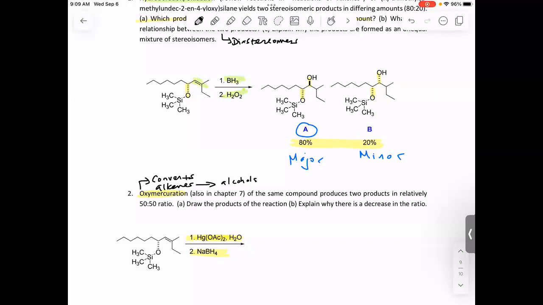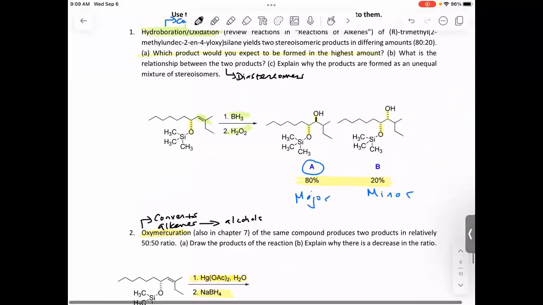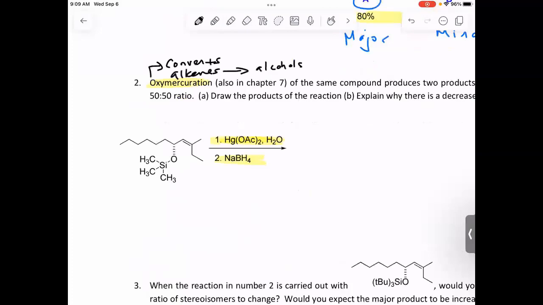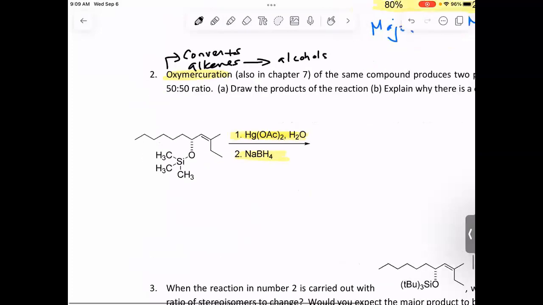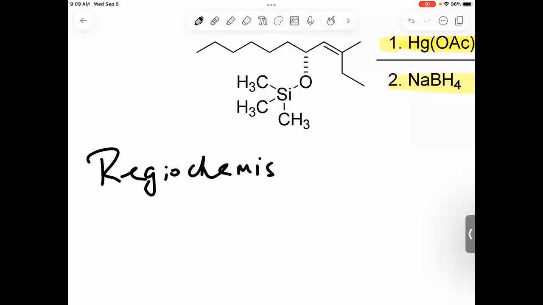What's the difference between those two? The difference is in what we call the regiochemistry. This is basically the location.